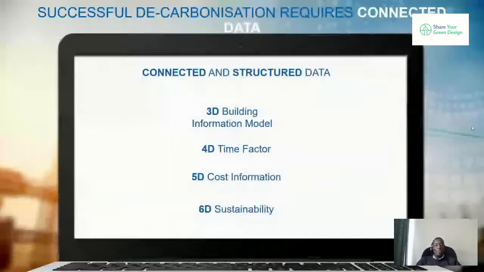And just to give you an idea of what successful decarbonization, if I can call it that, would require, it would definitely require connected and structured data, and this, of course, takes the shape of a 6D approach, of which we have the 3D building information model, where we have all the designers coming together to create a digital twin of the actual construction project, where we can simulate many factors around the design to optimize it such that it reduces the impact on the environment.